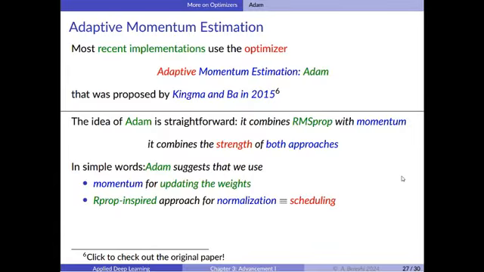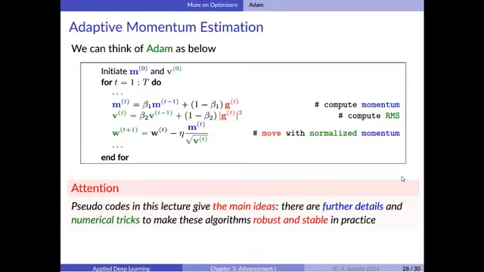And one of the most popular optimization algorithms that we have here is the Adam optimizer, which is adaptive momentum estimation. It was proposed in 2015, and it combines RMSProp with momentum, so we have momentum for updating the weights and an RProp inspired approach for normalization, which is the scheduling algorithm.